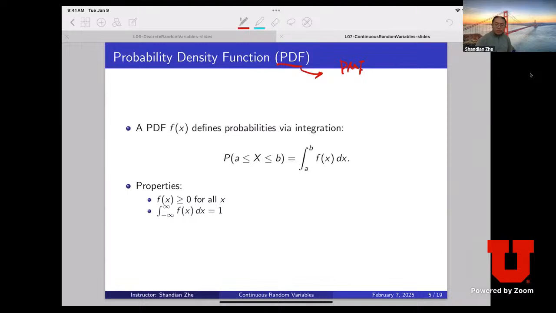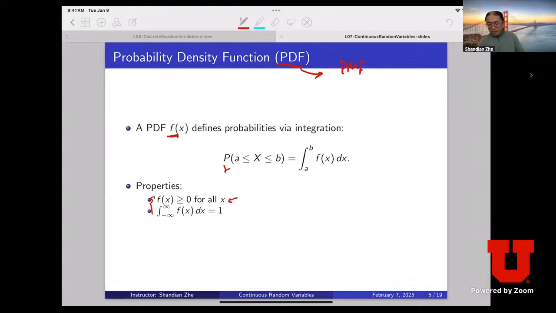Okay, so first, what is a probability density function? The probability density function is defined a little bit indirectly. Suppose there is a positive function f of x, but actually it should be a non-negative function, such that it is non-negative for every possible value of the random variable x, and also the integration of this function f from minus infinity to infinity is 1.